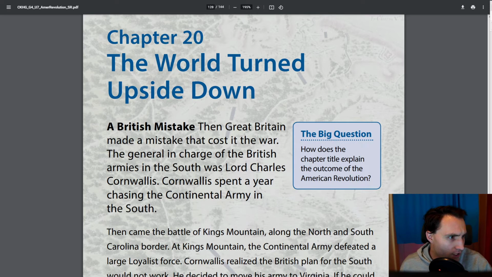Okay, so before we get in, let's review a little bit of what we've talked about. No one in 1780 knew what the outcome would be or when it would occur. The Americans had been pretty successful so far, so they may have expected or at least hoped to win.